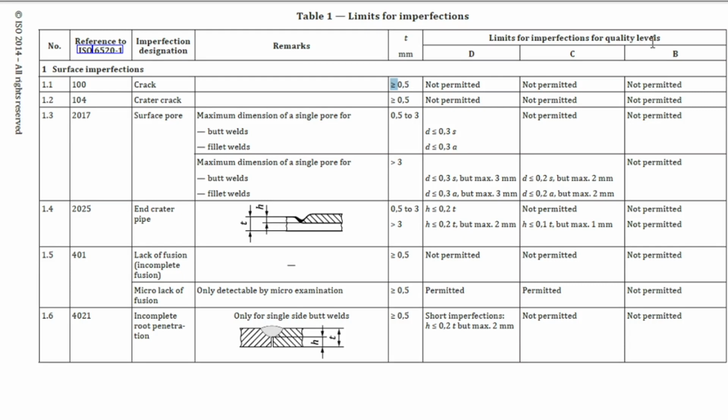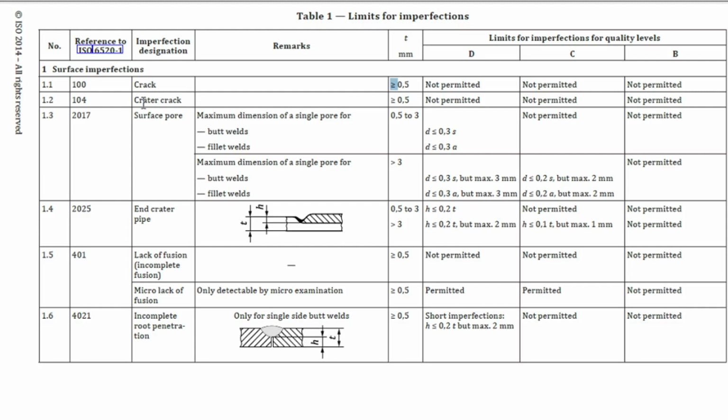If you missed my lecture, please watch it. I don't want to discuss the same things again here. These are quality levels D, C and B, which we already discussed in the previous lecture. B is the higher requirement, C is the middle requirement, and D is the normal.